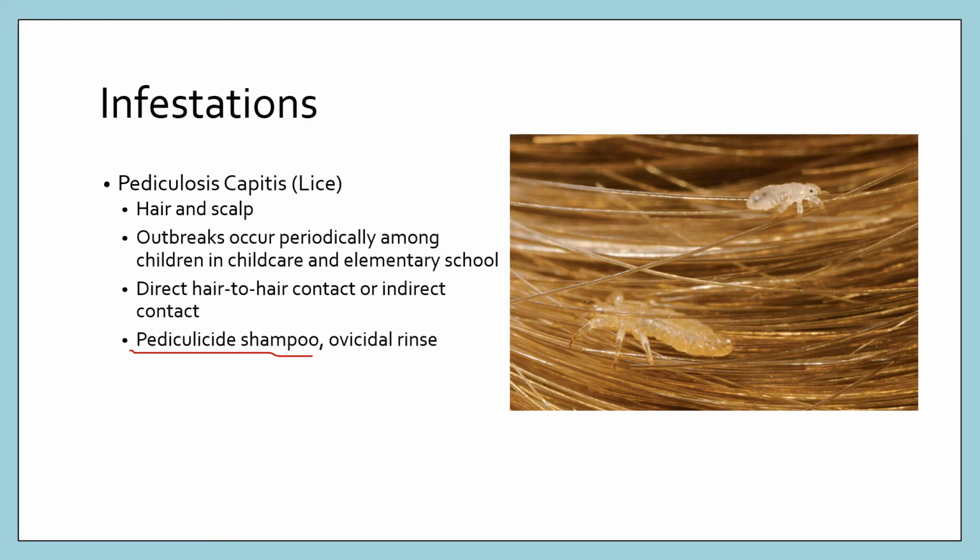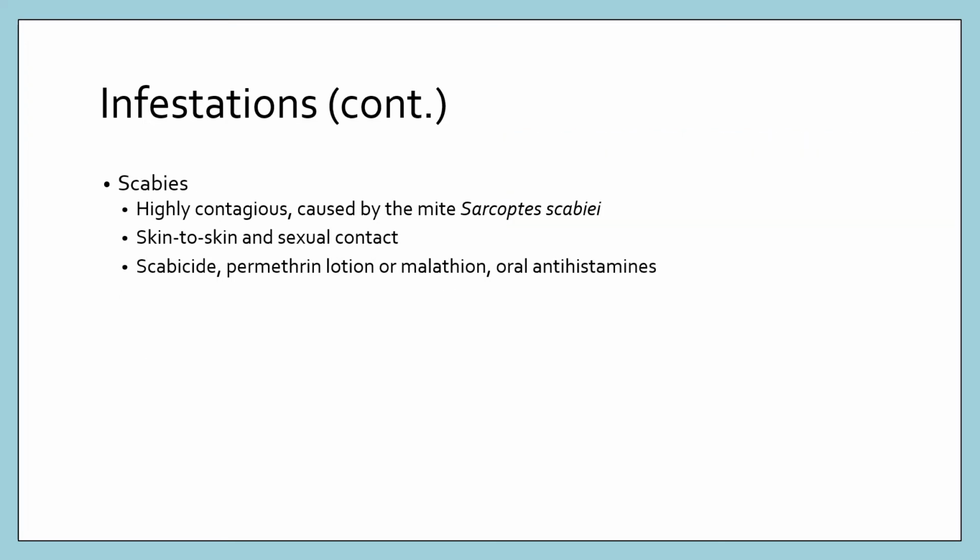A lot of parents think more is better, so they'll use two applications of the shampoo, but you want to teach them that this is absorbed through the scalp, and it can be toxic to the child if they exceed the right dosage. Scabies is more common actually in the elderly population, but can still occur with kids, and it's highly contagious, again through skin to skin or sexual contact.